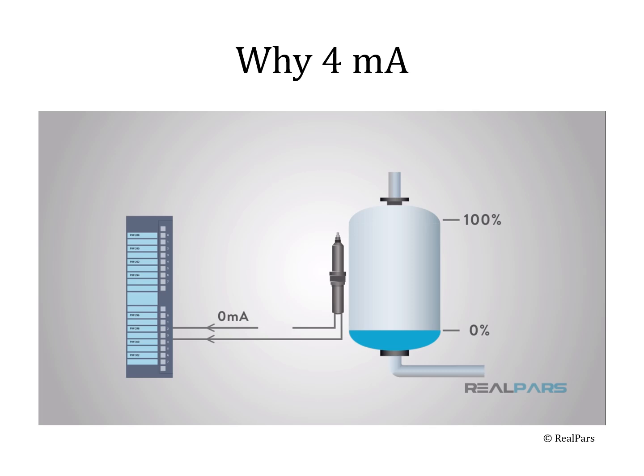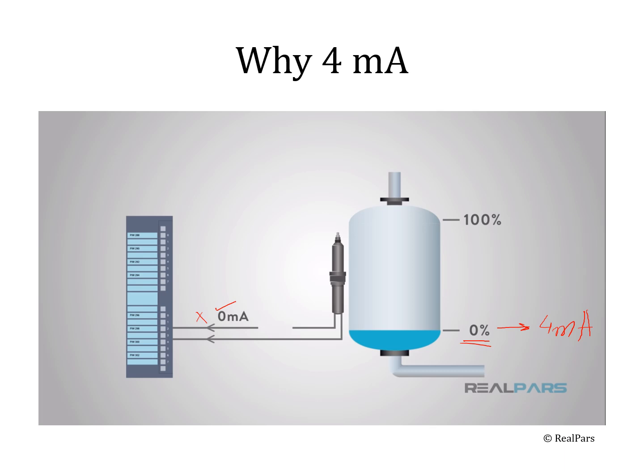Sometimes students are asked why 4 milliampere has been chosen as the lowest value. The reason is that if we take 0 ampere, it means the circuit is broken. To differentiate whether it is a broken wire or the minimum level, the scientists recommended the lowest level as 4 milliampere, and 0 ampere whenever there is a loss of current flow through the loop, that is, whenever there is a breakage of the line.